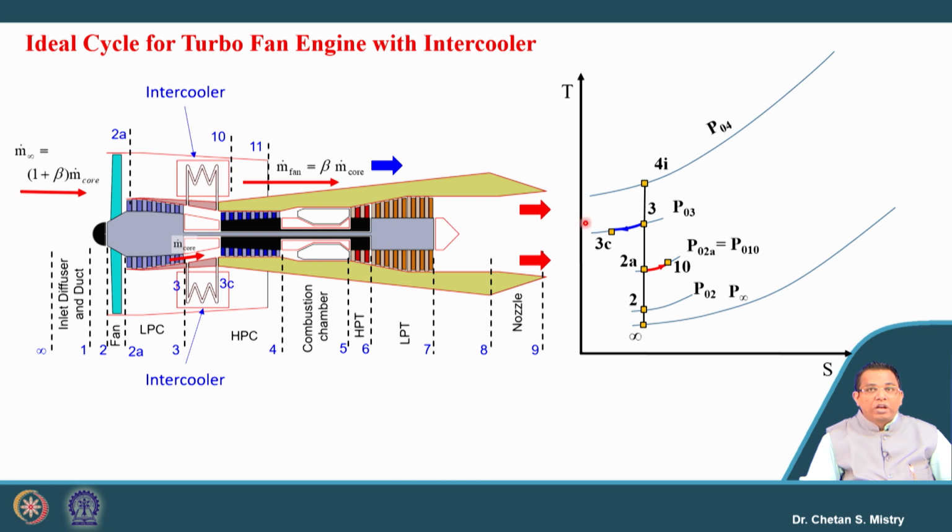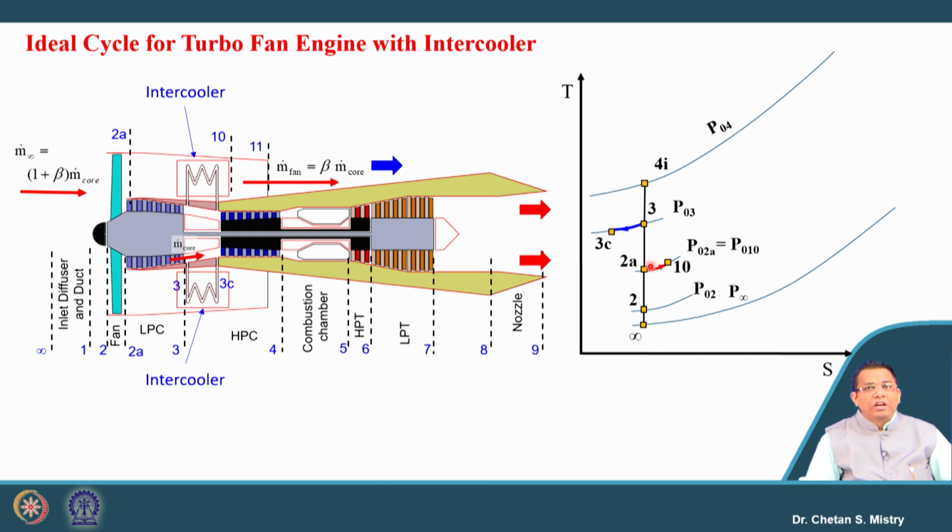Here if we look at the process, it is from 3 to 3c, that's what is representing the cooling process. That's what is happening ideally, we say, at constant pressure. It will be reducing the temperature of the air which was coming out from LP compressor.